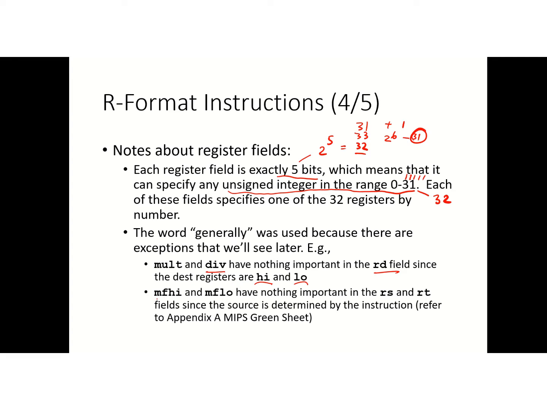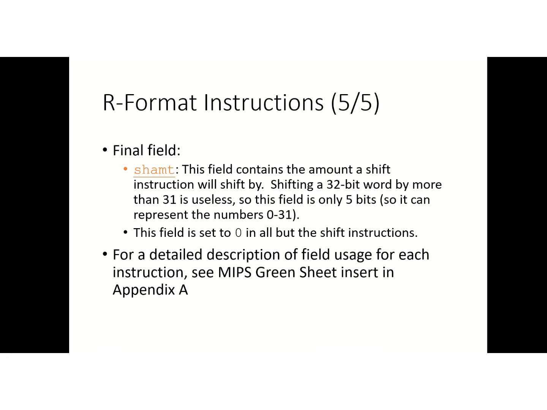The commands MFHI and MFLO, which are move from high and move from low, have nothing important in the RS and RT fields since the source is determined by the instruction. So you can refer to this on the MIPS green sheet.